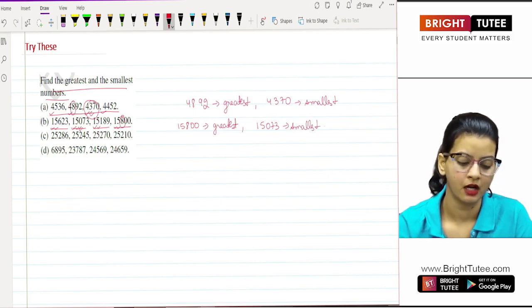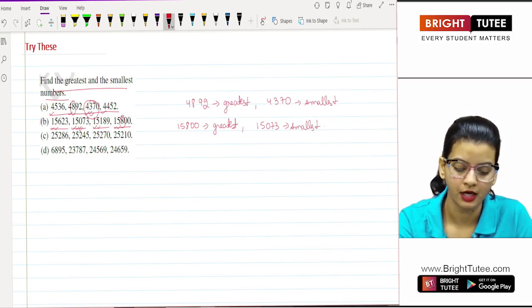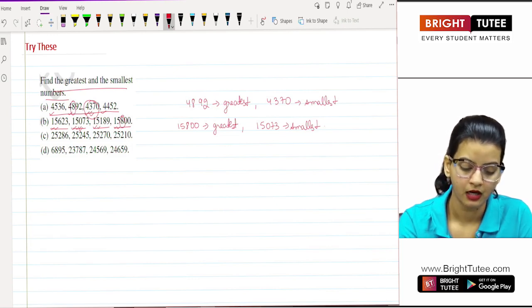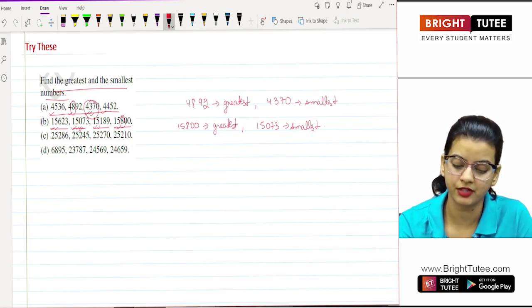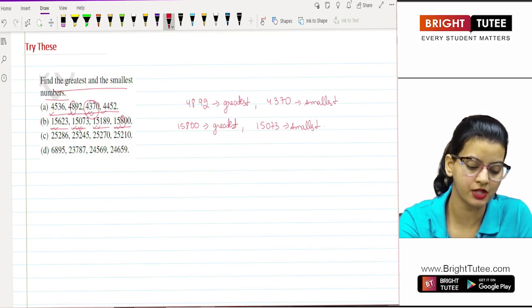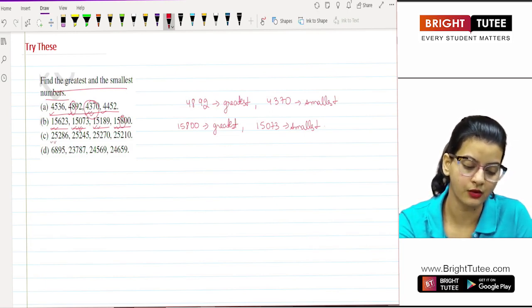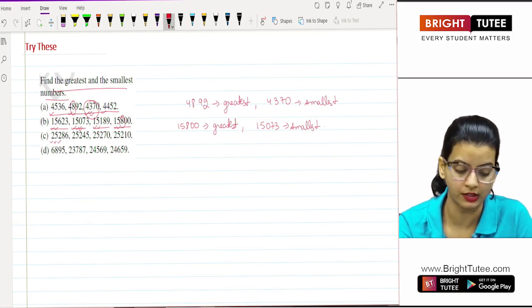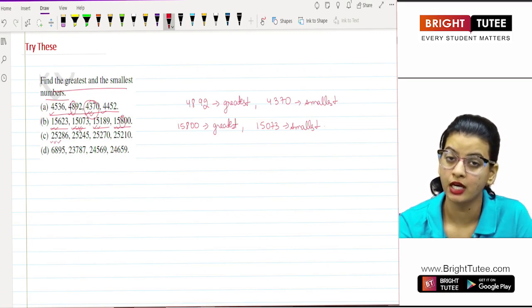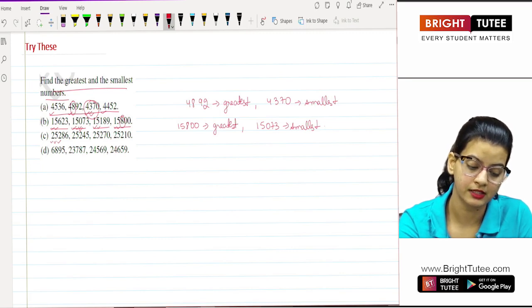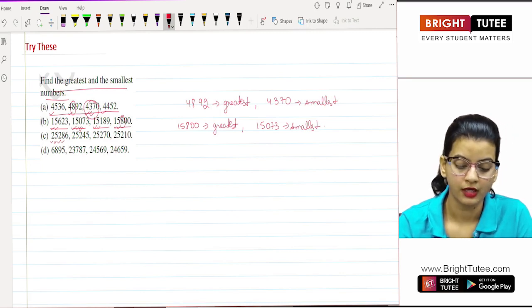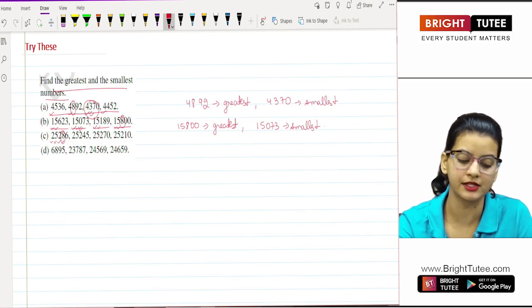Moving forward, again we have 5-digit numbers over here. So we are going to compare the digits. Now the digits in the 10,000s, thousands and hundreds places are the same for all the numbers. So we are going to compare the digits in the tens place. In the tens place, 8 is the greatest.